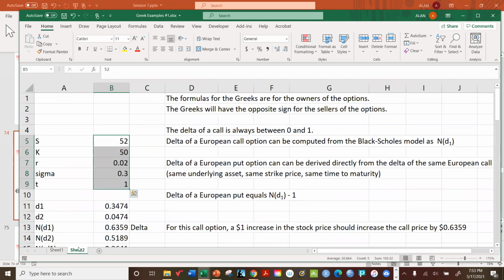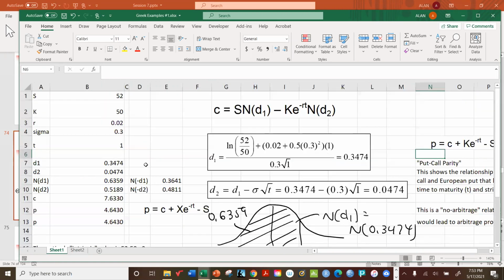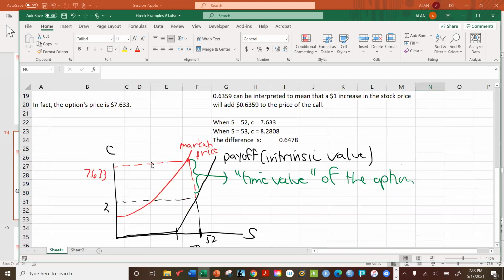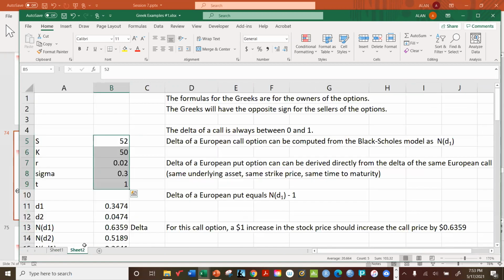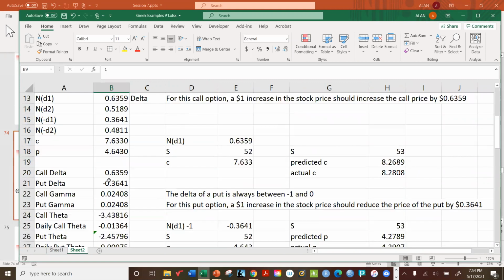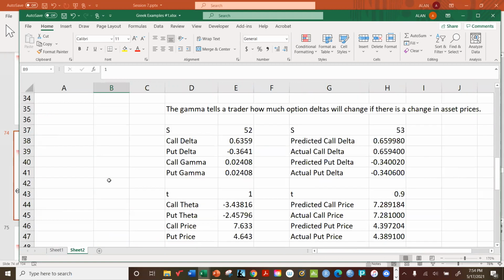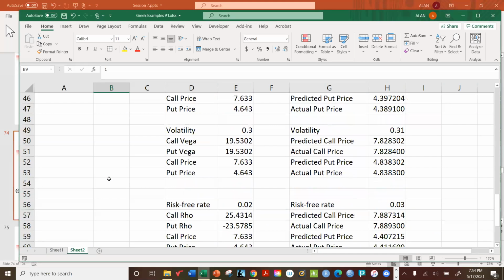Also remember this sheet 2. Sheet 1 is a review of what we did with the Black-Scholes model, and sheet 2 is our Greeks. So if you have an assignment, for example, where you have to calculate Greeks, this is all you have to do. Make the changes here, and you'll get your results right there.